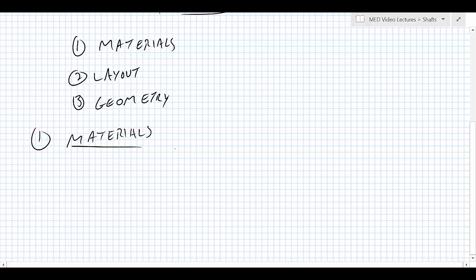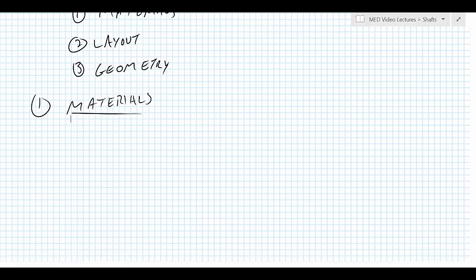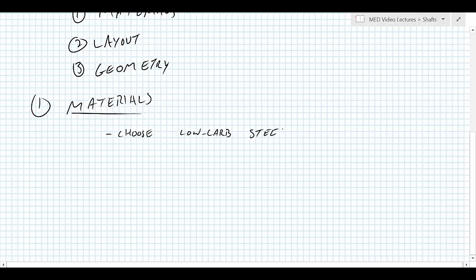It becomes difficult to find a material given all these things because there are too many variables that depend on material. So it's easier to start by choosing a baseline material, such as a low carbon steel that we can get pretty cheaply, and then have a basis of cost based on that starting steel.